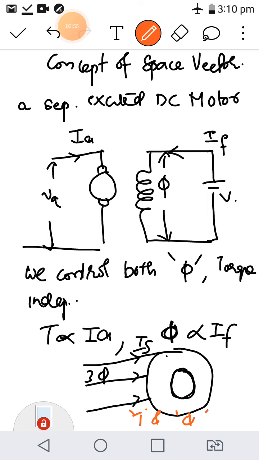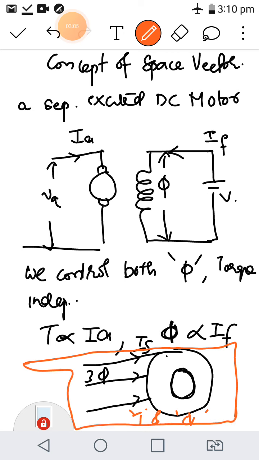If you are controlling torque, flux also varies. Similarly, if you are controlling flux alone, the torque also varies. So independent control is not possible in an induction machine. But the induction machine is widely used because of its simplicity, it requires less maintenance, etc.